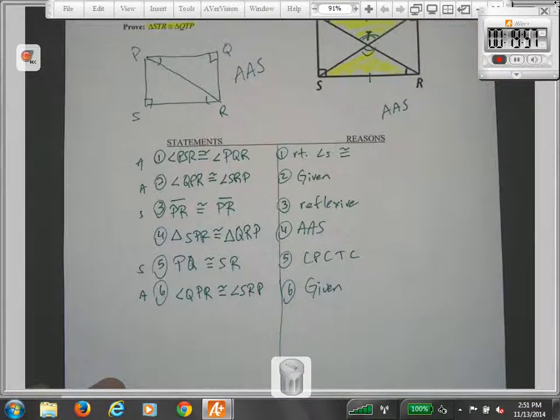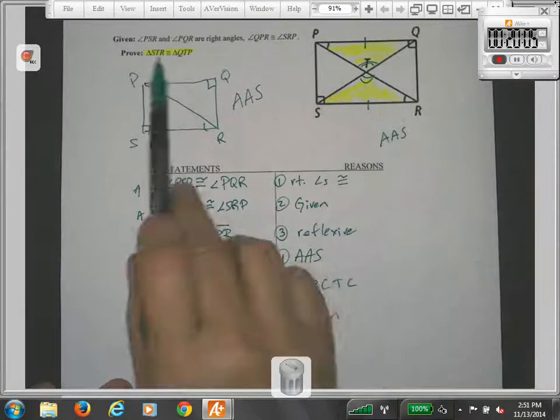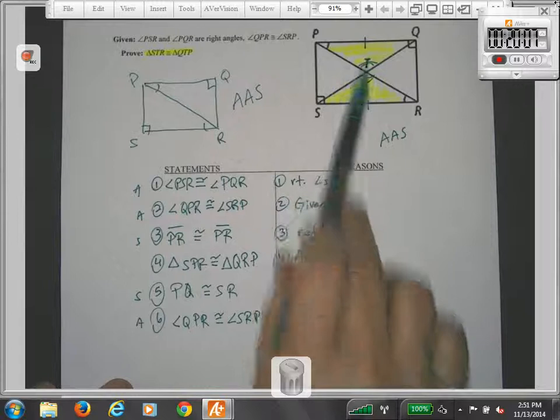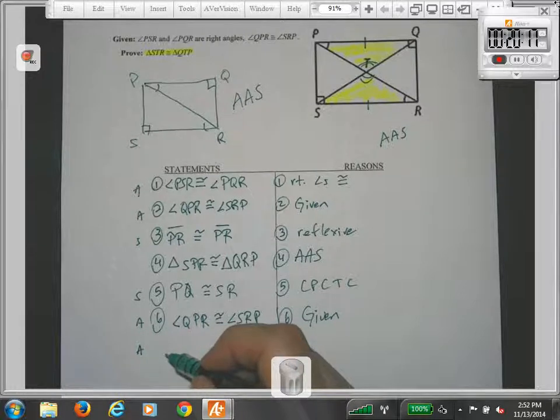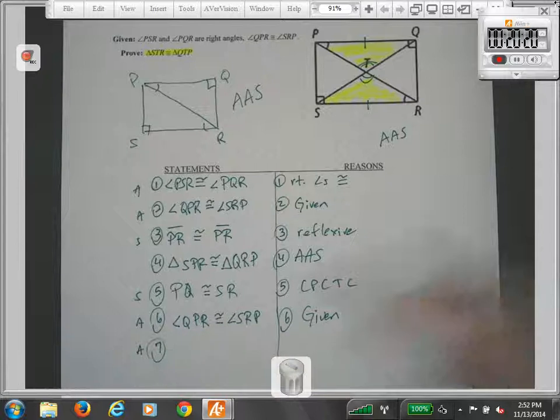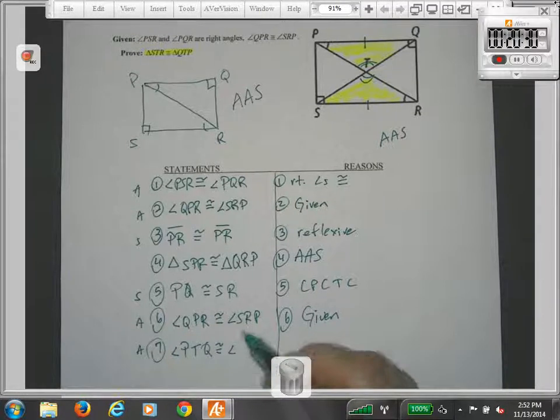Right, and that was to prove that these two, but our goal is to prove this, that the two yellow triangles are congruent. All right, so now we're going to prove those angles in the middle. The angles in the middle are vertical angles. So angle PTQ is congruent to angle RTS, and our reason, vertical angles.